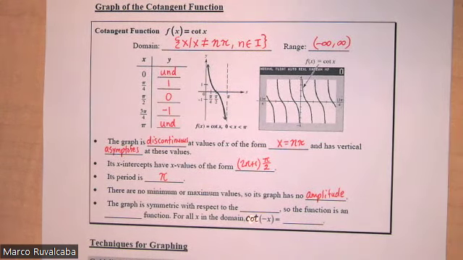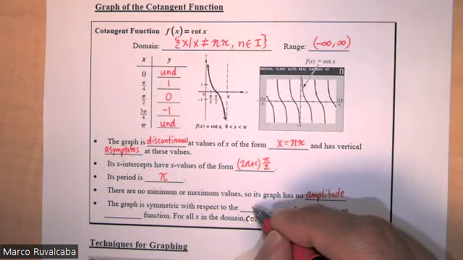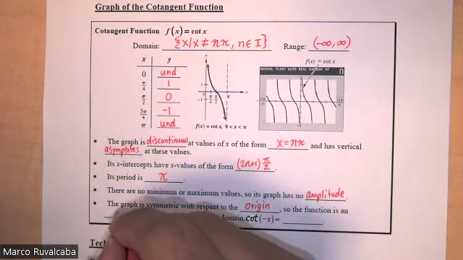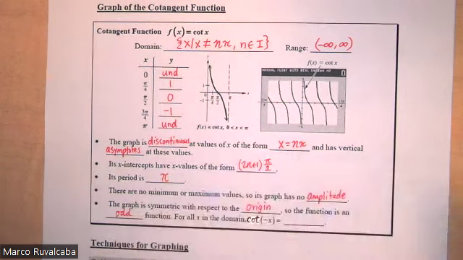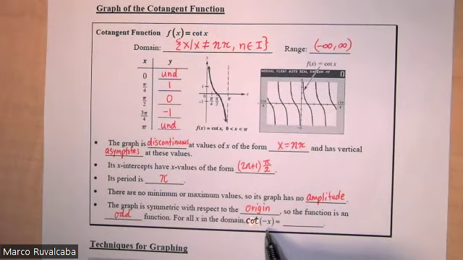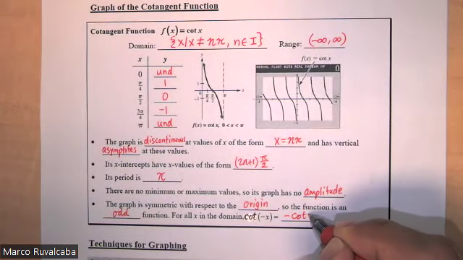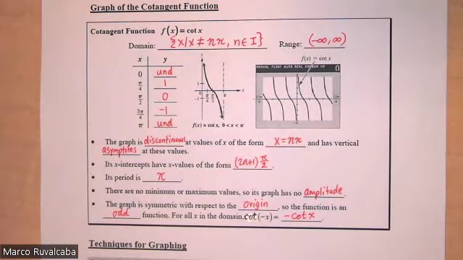The graph is symmetric with respect to the origin as well, and therefore it is an odd function. Therefore, the cotangent of negative x is equivalent to the negative cotangent of positive x. Please note the similarities and the differences between the two graphs.